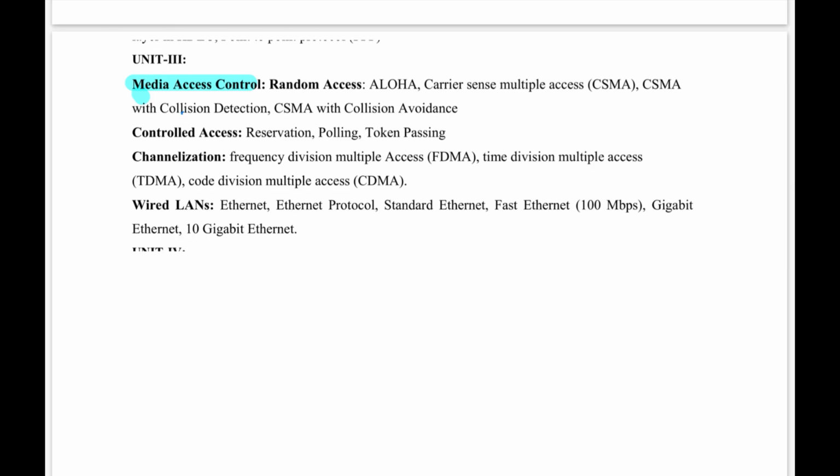Okay, so we will try to write down the major idea behind this media access control.